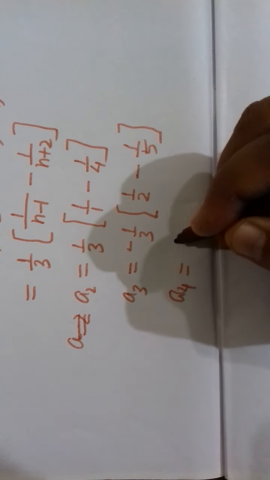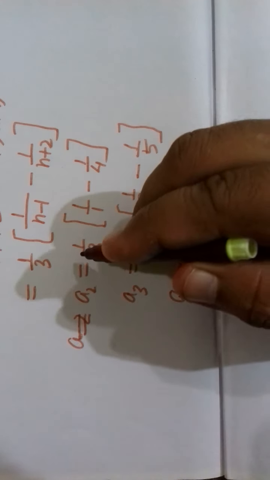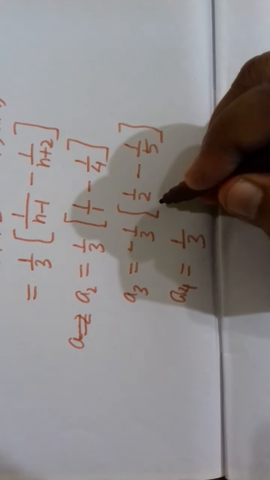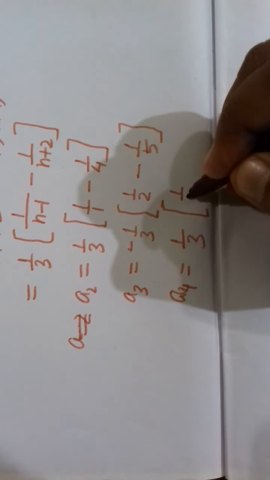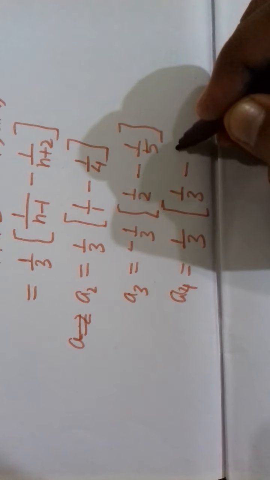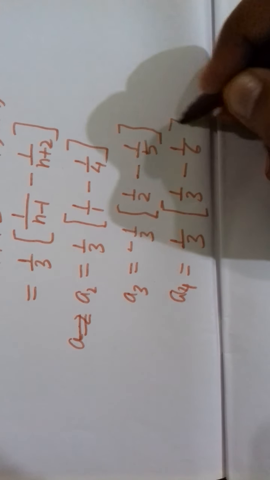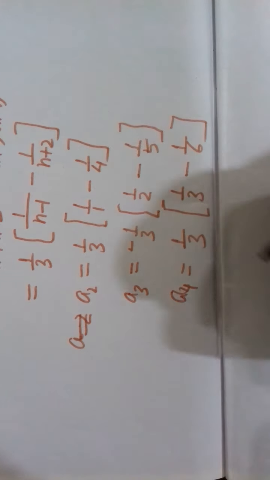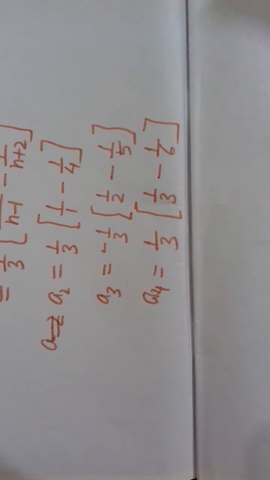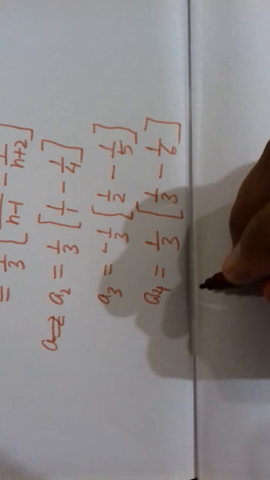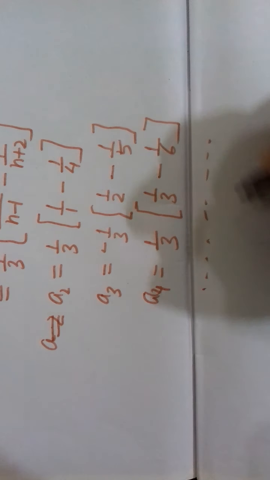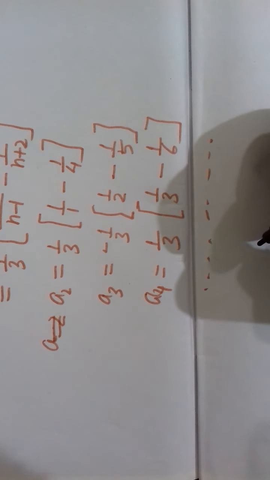Again this will be plus, in alternate plus, minus, plus, and a4 will be 1 by 3 minus 1 by 6. Now a5. In this way we may go to n.